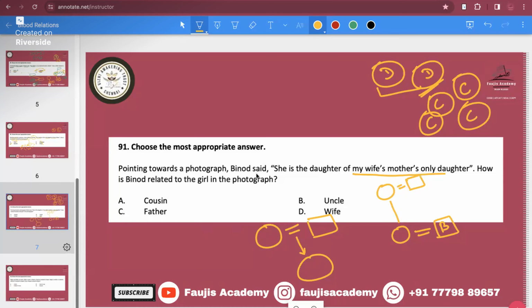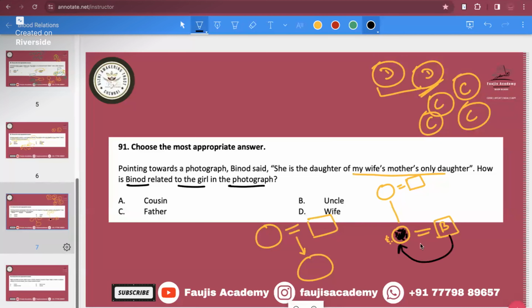Pointing towards a photograph, Vinod says, this person is the daughter of my wife's mother's only daughter. I think I've drawn it correctly. So how is Vinod related to the girl in the photograph? The girl in the photograph is this.